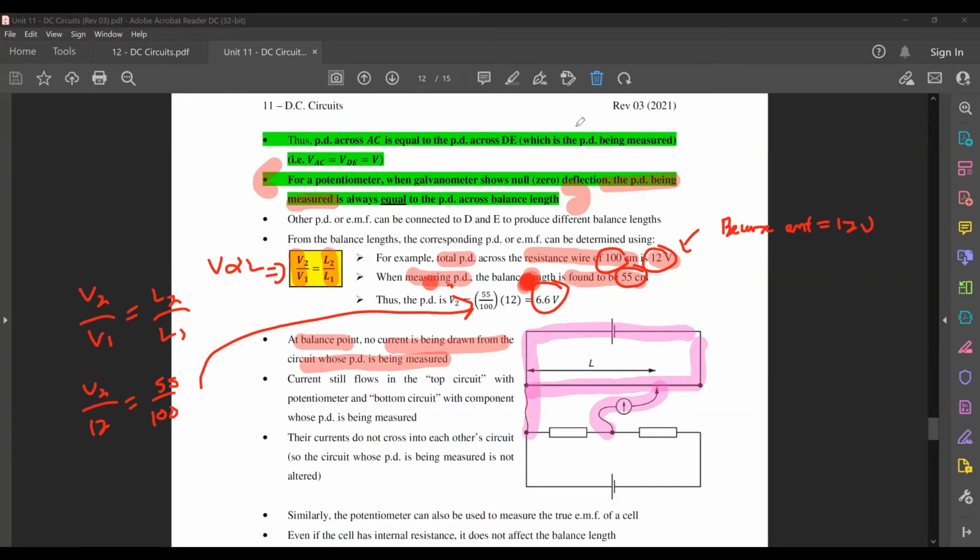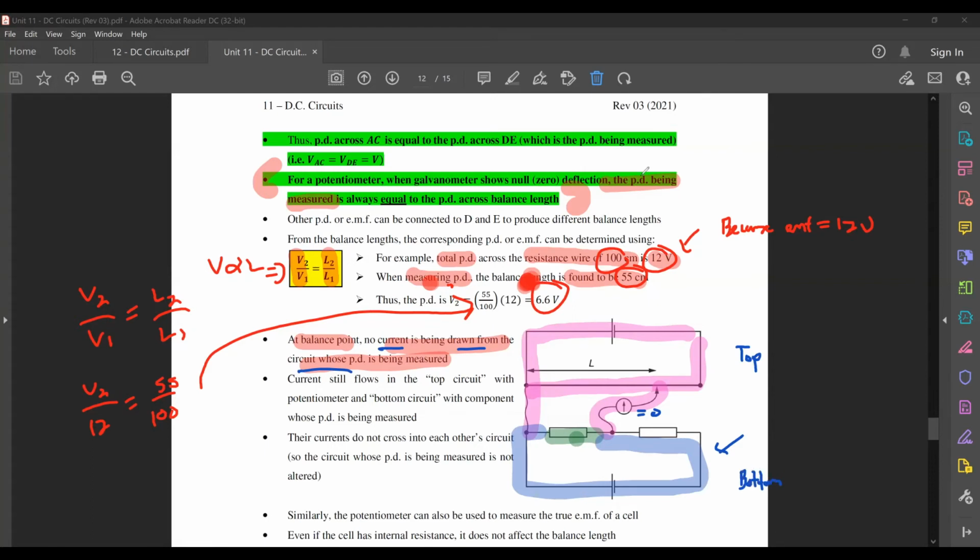The PD to be measured is this thing here, and it's part of a main circuit like this. Now when you connect a potentiometer and then slide your jockey around until your galvanometer reading reaches 0, no current will be drawn from the circuit whose PD is being measured, which is this one here.